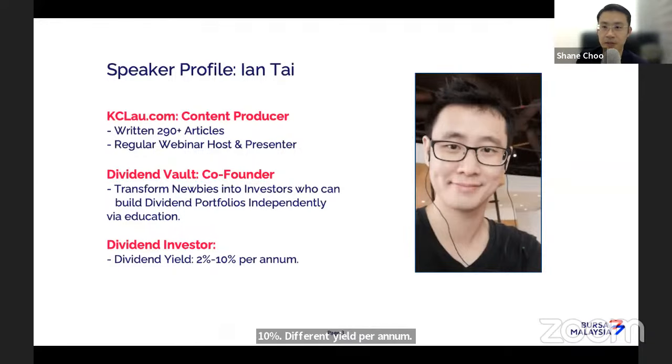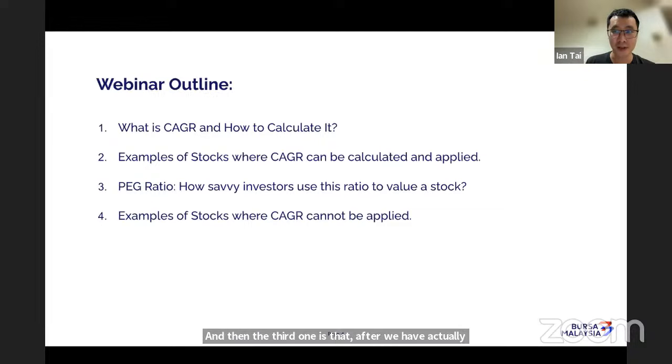The third one is that after we have calculated CAGR, personally, I use CAGR first, then I will use this to calculate the PEG ratio. And with that, I'm going to also share with you how savvy investors use this ratio to value a stock. And last but not least, I'm also going to share with you examples of stocks where CAGR cannot be applied.